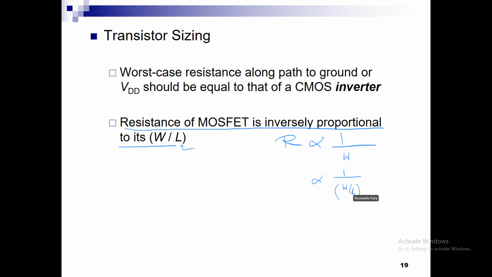So the issue is mainly with sizing W. We always care about sizing W. If I want R to be double, I need W to be half, and if I want R to be half, I need W to be twice. Meaning if I want R over 2, I will need 2 times W, and vice versa. Okay, great.